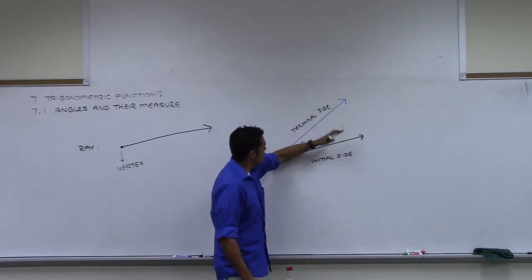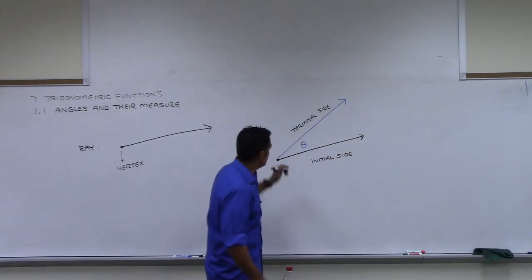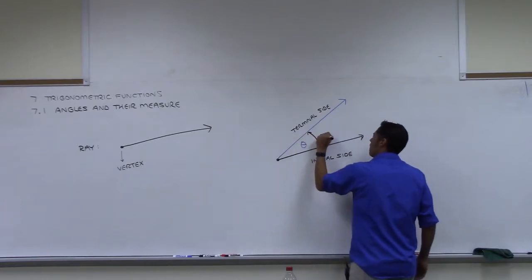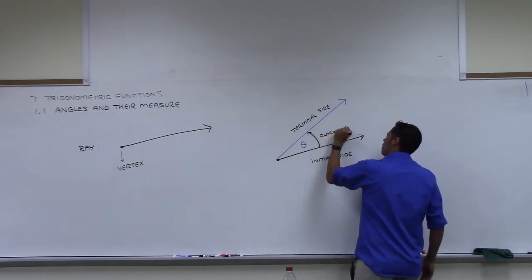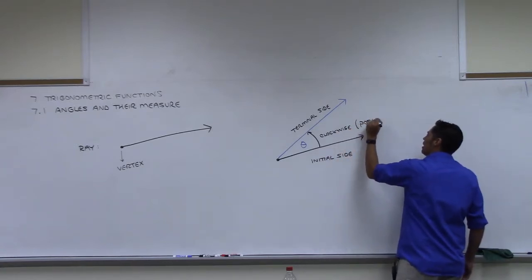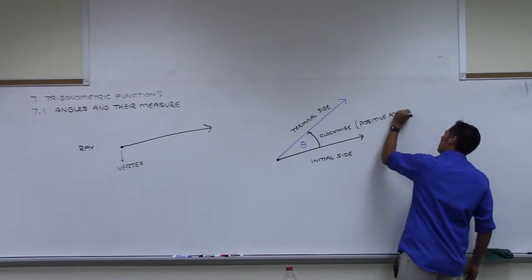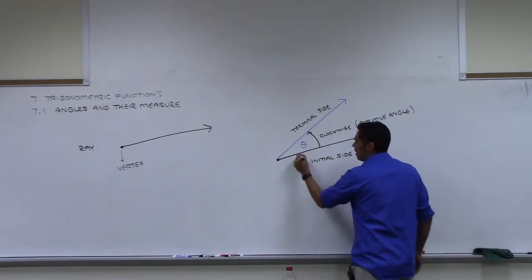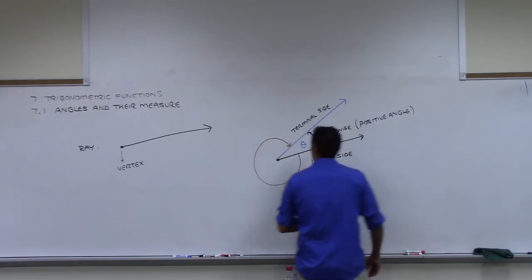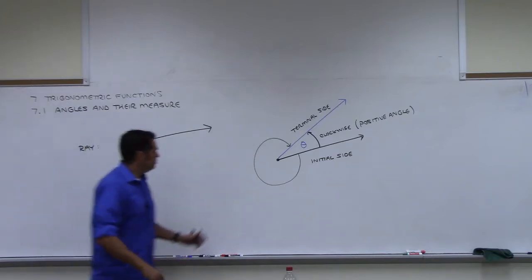Or we could have got to the terminal side by rotating clockwise around. So there are two different ways. This way would be clockwise. And anytime we rotate clockwise, we say that's a positive angle. And whenever we rotate the other direction, counterclockwise, that's a negative angle.